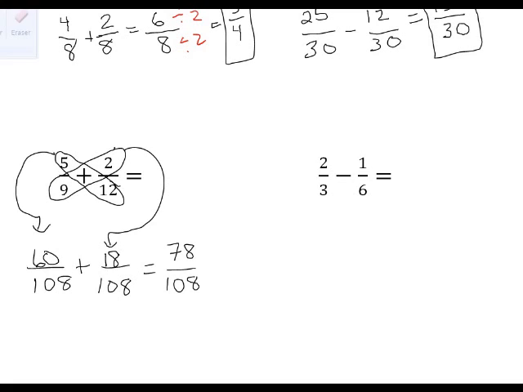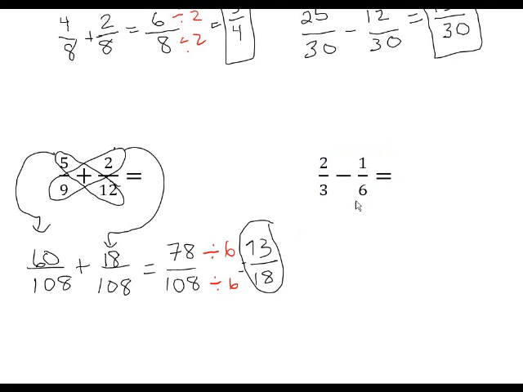So I'm going to reduce by 6. And I end up with 78 divided by 6 is 13, and 108 divided by 6 is 18. Final answer is 13 over 18.